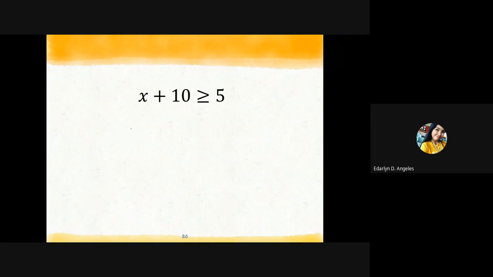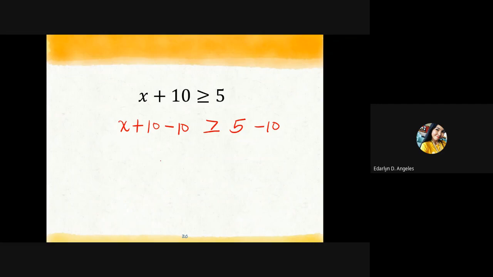For us to be able to cancel 10 here, we need to subtract 10 on both sides. 10 minus 10 is 0, so x will be isolated.